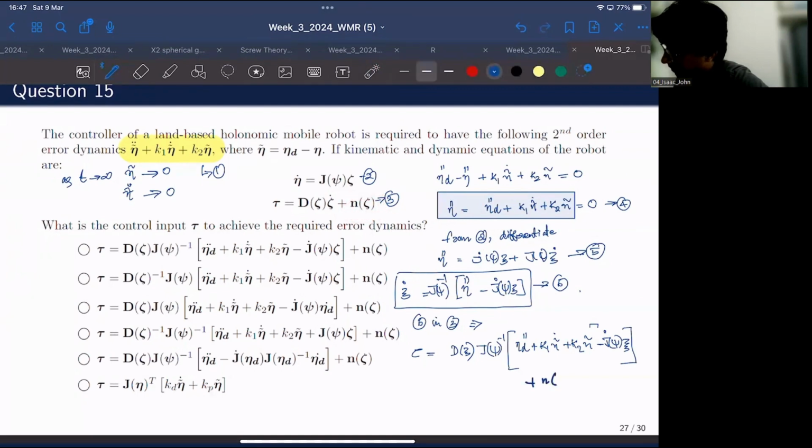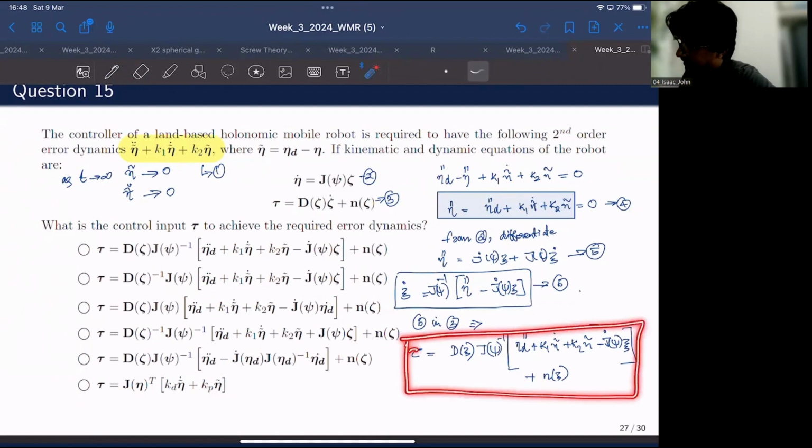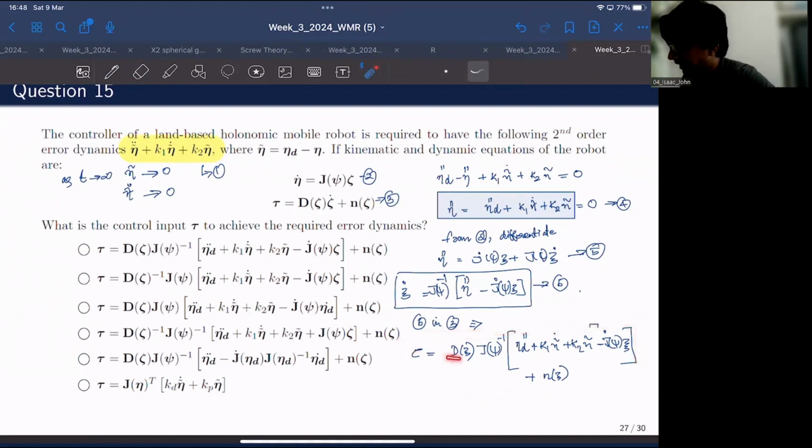So if you give this as the control input, d of theta, j of psi inverse, eta desired double dot plus k1 eta tilde dot plus k2 eta tilde, minus j dot of zeta, plus n of theta.